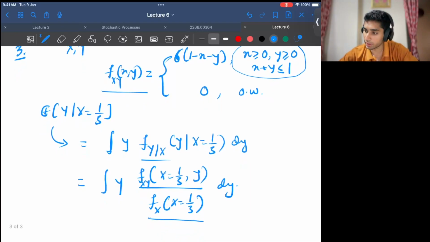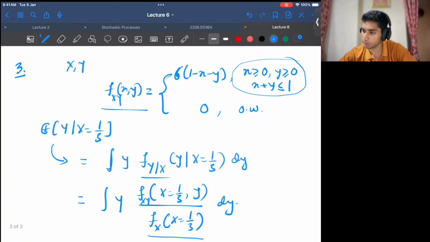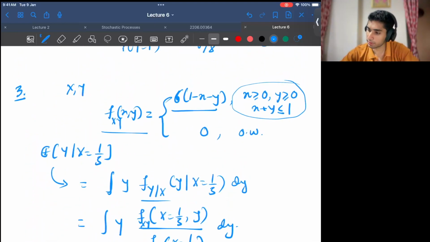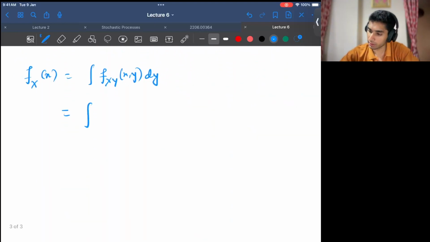So x has to be greater than or equal to 0, y has to be greater than or equal to 0, and x plus y has to be less than or equal to 1. So this is the integral of 6 times 1 minus x minus y dy.